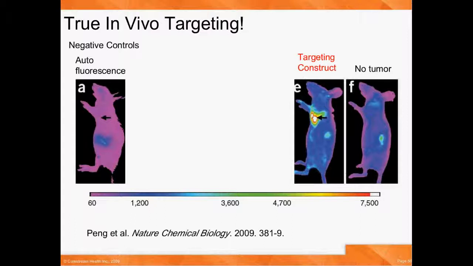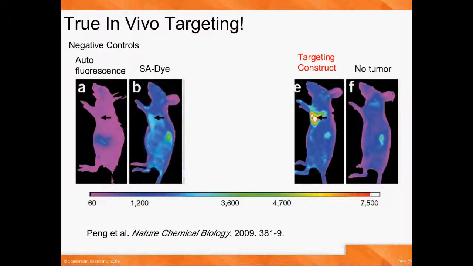Even in the IR, there's some autofluorescence, so it's important to empirically determine that noise floor every time you do an experiment. Another important negative control is just to inject dye alone, in this case, streptavidin dye. Tumors really take up things, as we've noted before, frankly, in an unpredictable manner. And so it's important to determine that your signal is higher than some non-specific uptake at the tumor site. In this case, it is.